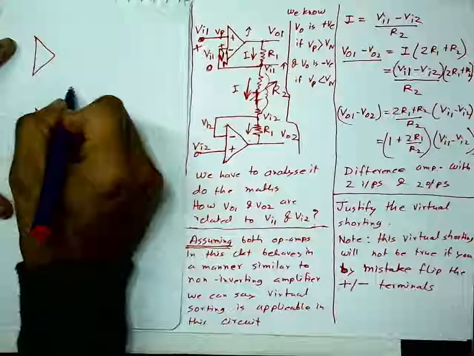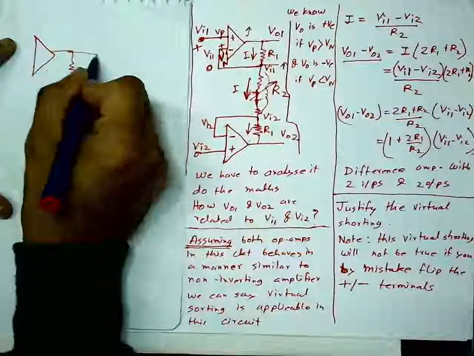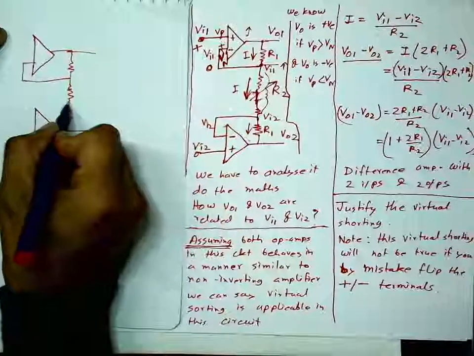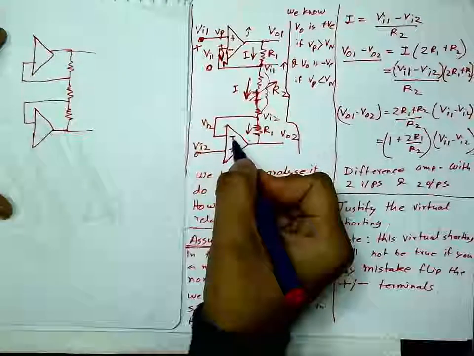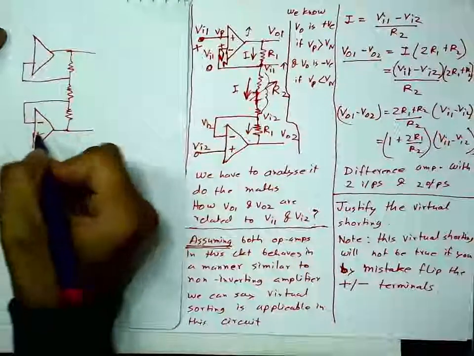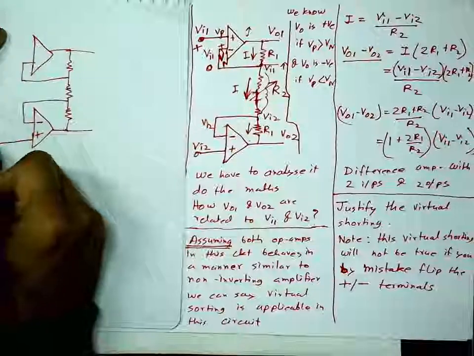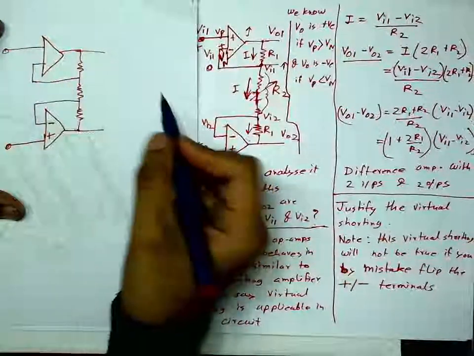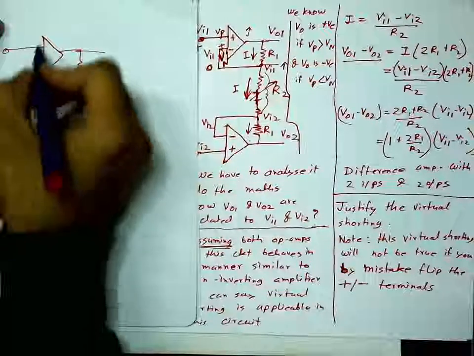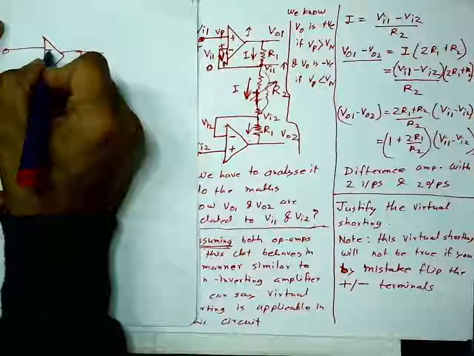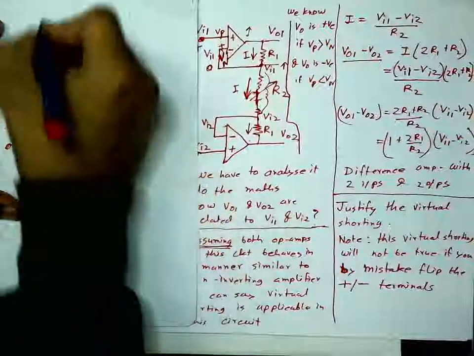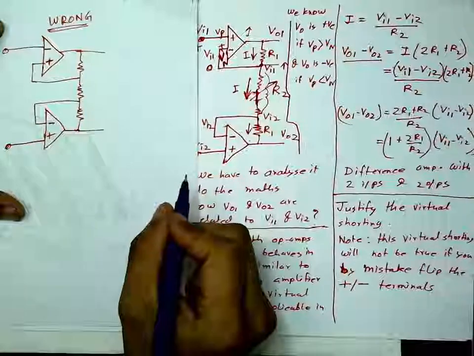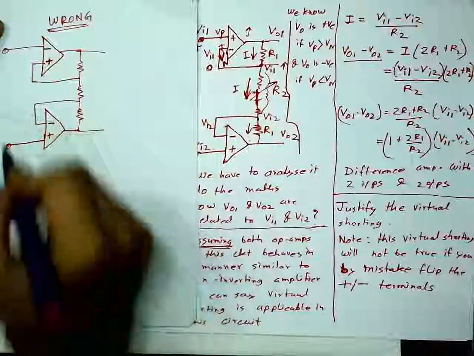First I draw the same circuit, and I have feedback here. Let me keep this as correct, minus plus. So this is one input, and here I have another input, and intentionally I make it wrong. I make it minus, I make it plus. This is absolutely wrong, but let me justify that this is wrong.